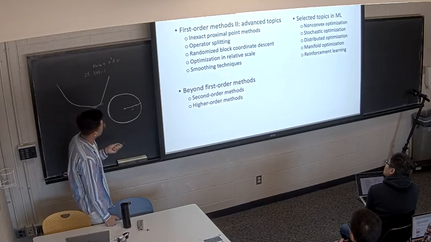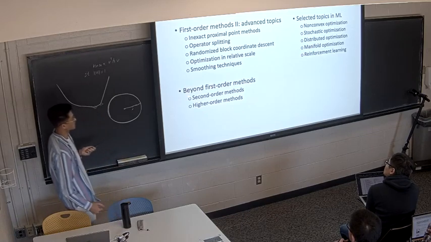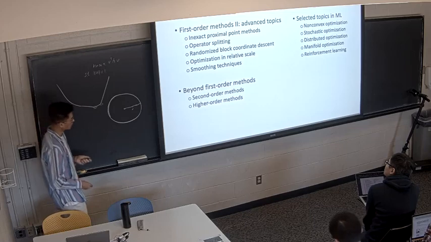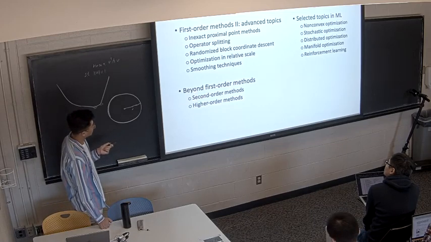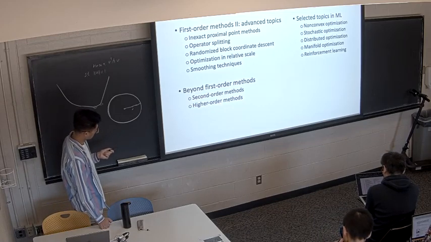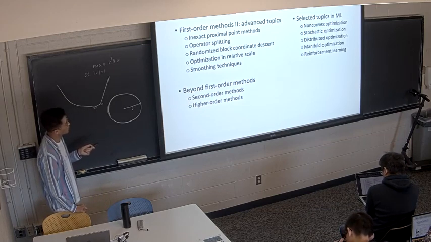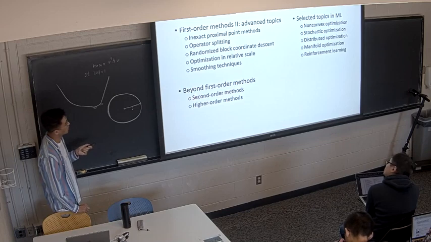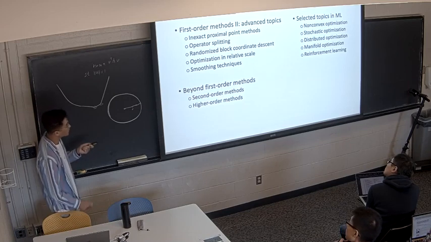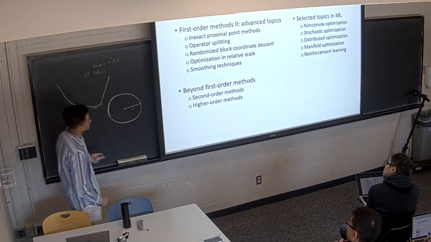And in the end, we are going to talk about some methods beyond first order. So we will talk about both second order and higher orders. For second order methods, one of the most famous algorithms is the Newton method. We will talk about Newton later on in this class.